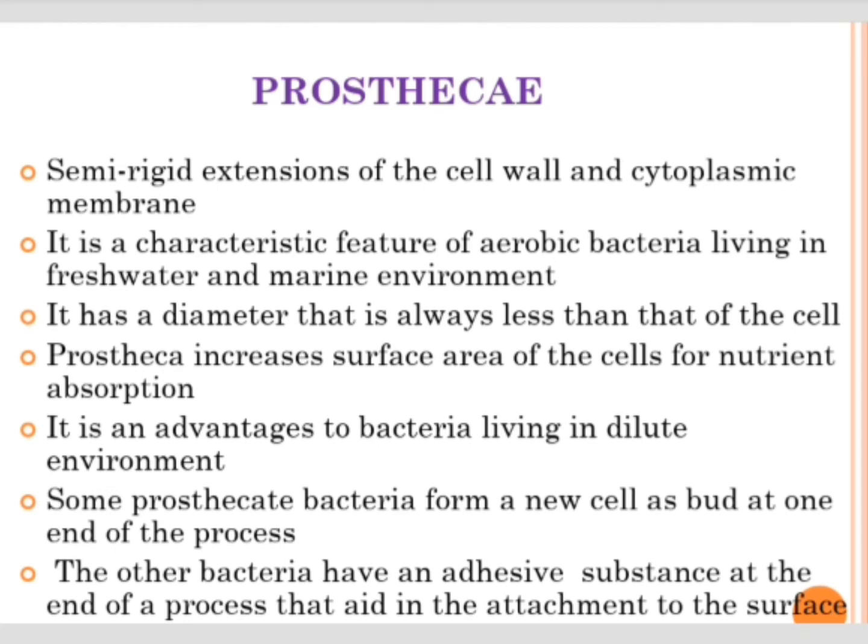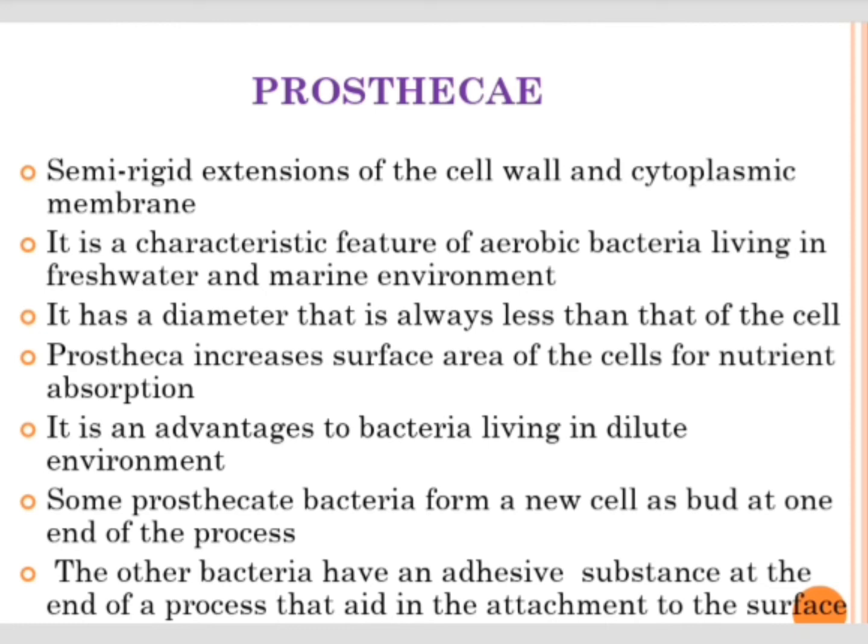The diameter of the prosthecae is less than that of the bacterial cell, and prosthecae help to increase the surface area of absorption, so that bacteria living in dilute environments have more surface area to absorb nutrients. Prosthecate bacteria form a new cell as a bud at one end of the process. In some bacteria, the prosthecae can form a new cell at the end of the prosthecae.